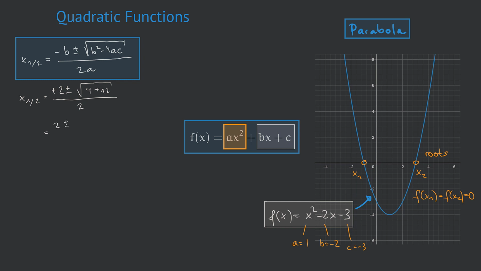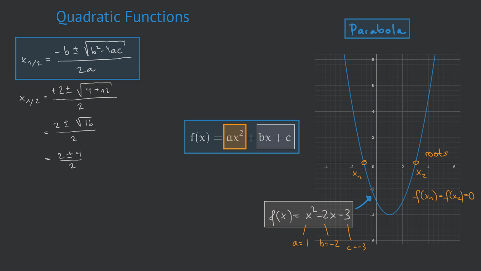That equals 2 plus minus. Now, what is under the root? Well, that is 16, so we have the square root of 16 under the root. Let's keep that like this. And now we have 2 plus minus the square root of 16, which is 4, divided by 2.